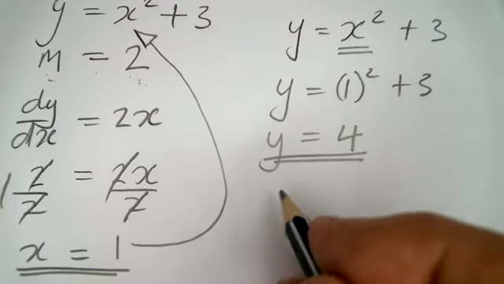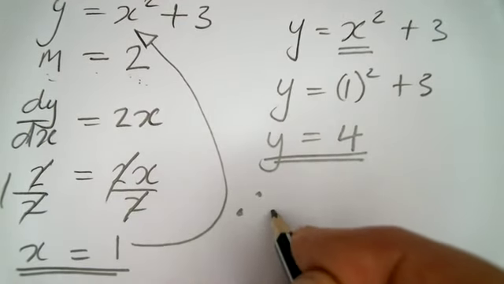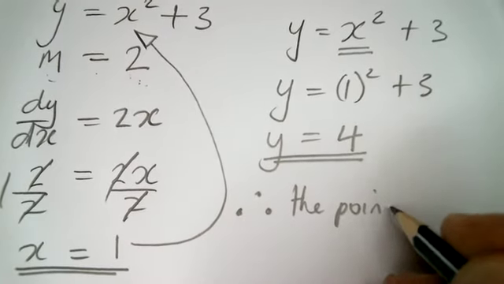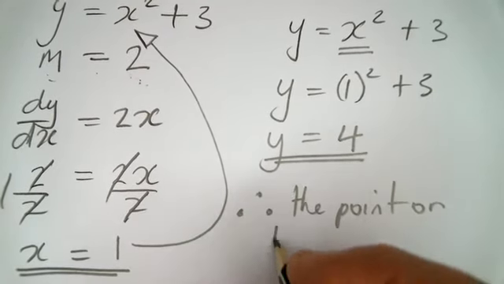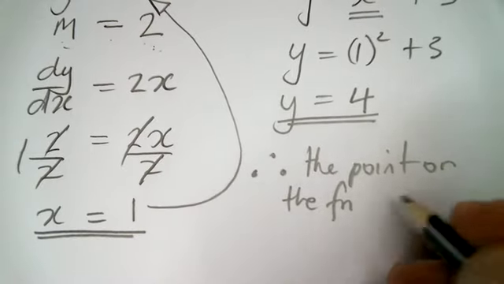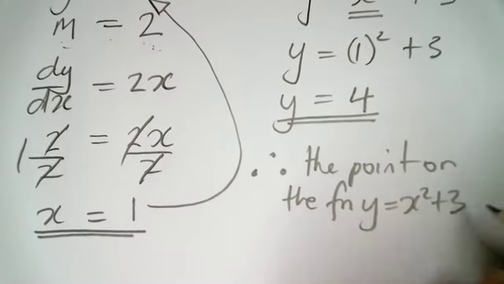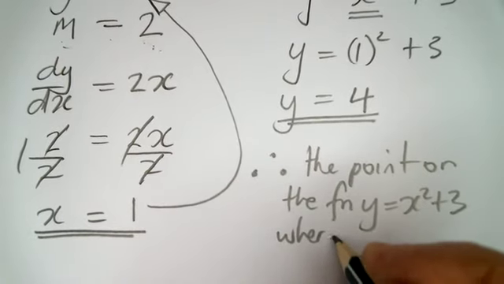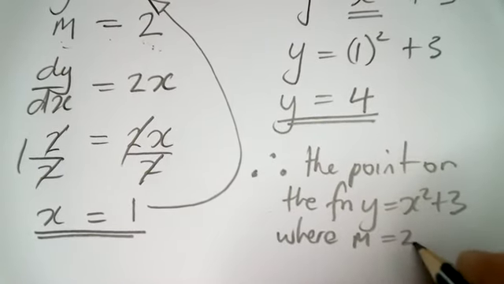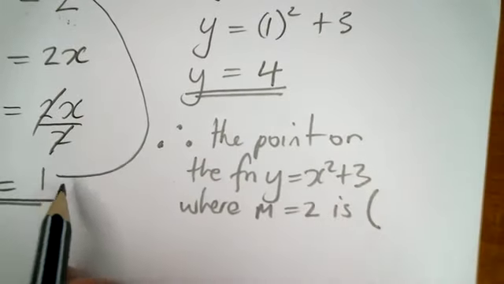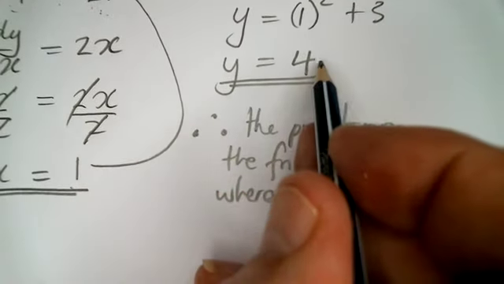So here we go. So therefore, we can say the point on the function y is equal to x squared plus 3, where m equals 2 is, and now we can have that coordinate, (1, 4).